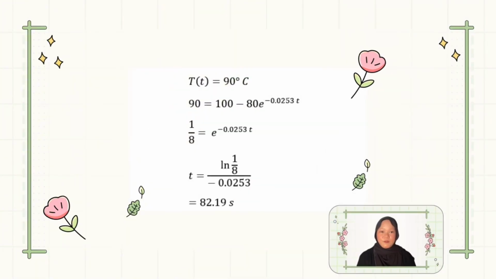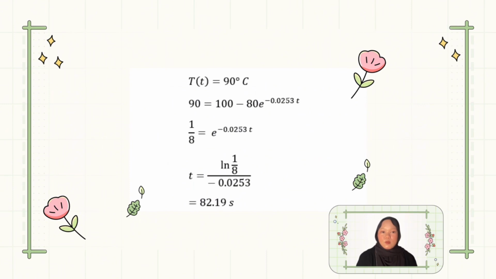Now let's solve for the time it takes for the metal bar to reach a temperature of 90 degrees Celsius. First, we substitute 90 degrees Celsius into Newton's law of heating. Then we can simplify the equation to 1 over 8 equals e to the power of negative 0.0253t.